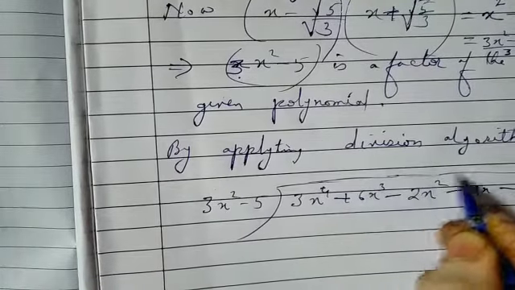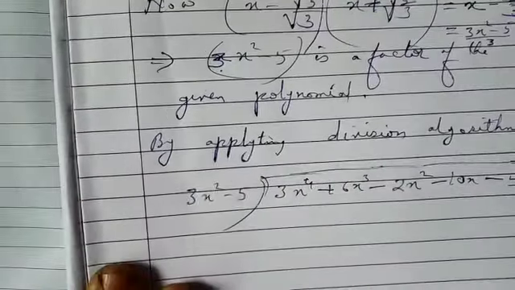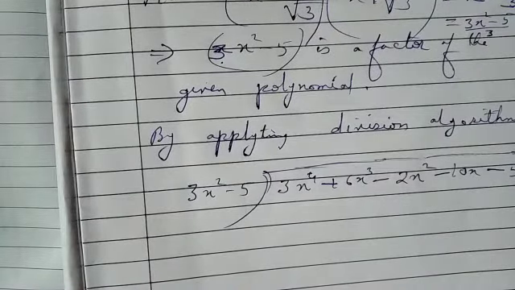If we divide it, we will get the other polynomial by which we can find the other two zeros.